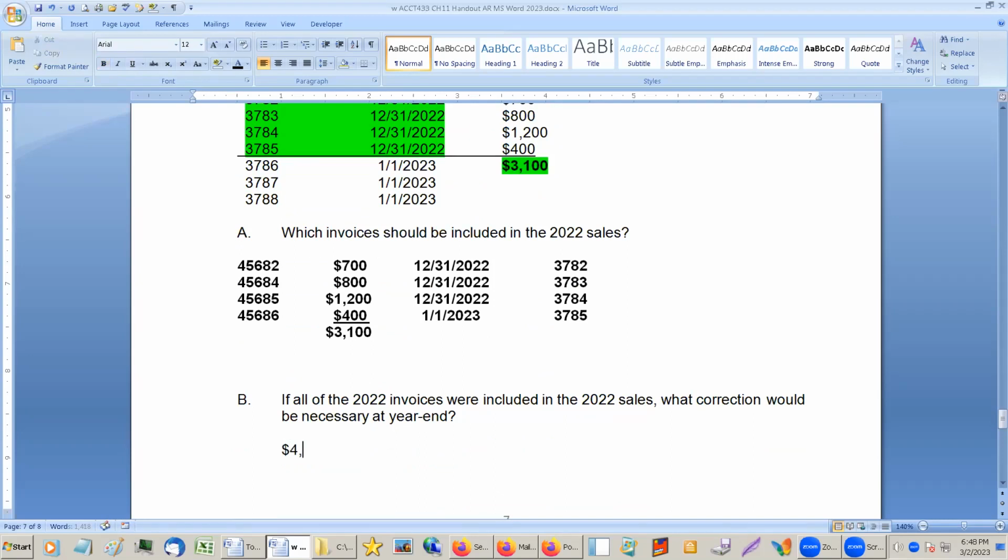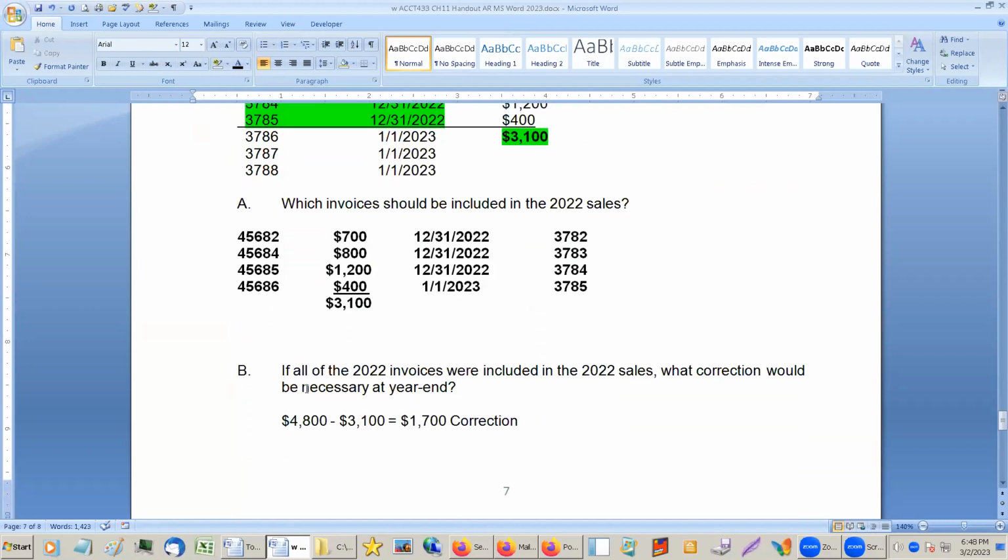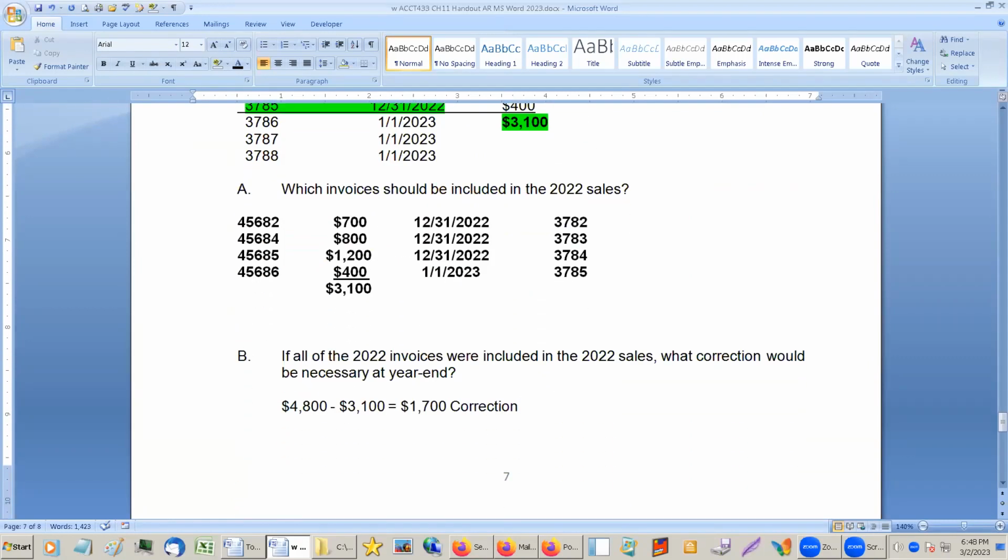So, correction, and this would reduce the sales. Let's say this for accounts receivable too. Sales journal. Sales would go down. Professor, how did you get the 4,800?